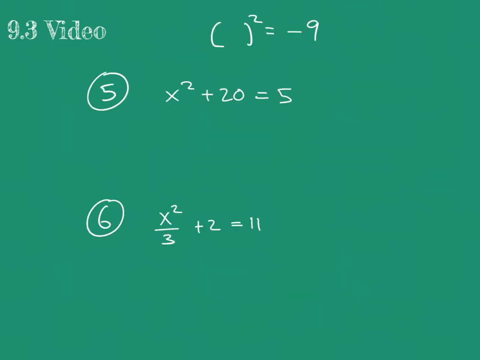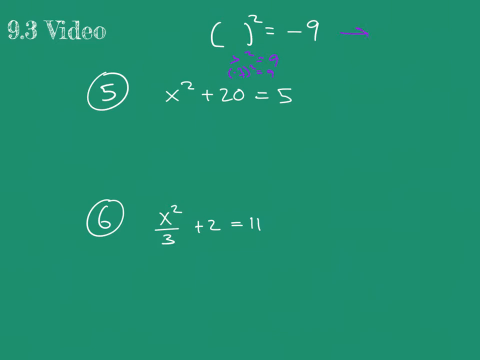Number 5 says x squared plus 20 equals 5. And I have a little hint at the top here. At the top it says square root of something, something squared equals negative 9. And we want to figure out what number could go in there. Well, if we think about 3 squared, is positive 9, so that doesn't work. And then I could try negative 3, but negative 3 squared is also positive 9.